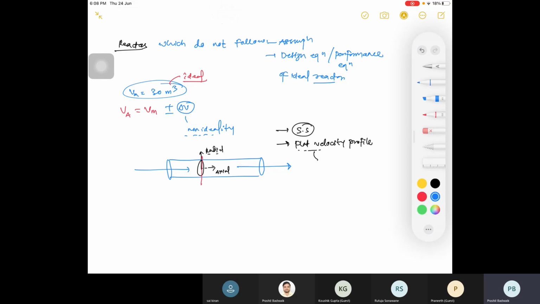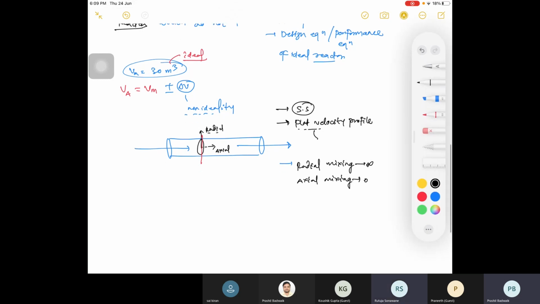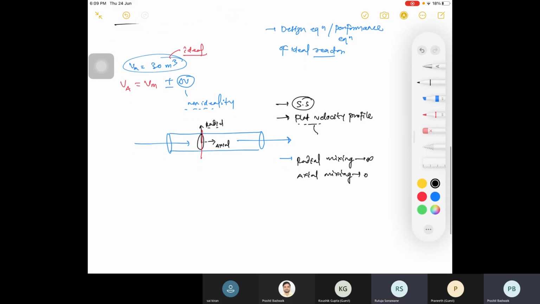Then you told about your radial direction. How is the mixing in radial direction? Perfect, uniform, yes, it is 100% or as maximum as possible. So radial mixing is infinite, and your axial mixing is 0, because axial mixing is bad for your reaction, where your high concentration and your low concentration will combine together to form an average concentration, and because of this your rate will decrease, right?